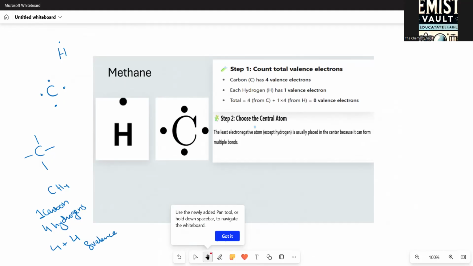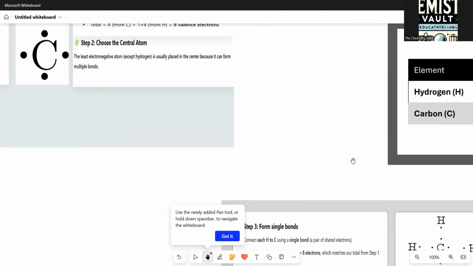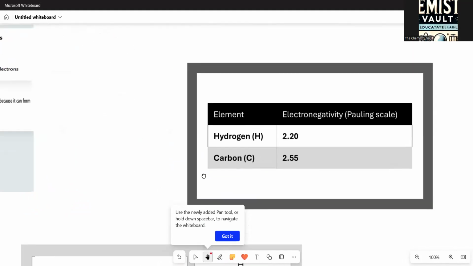So we have to choose the central atom. For the Lewis dot structure, we usually place the less electronegative atom in the center. But in the case of methane, carbon is more electronegative than hydrogen, because carbon has an electronegativity of 2.55 on the Pauling scale, but hydrogen has 2.2.